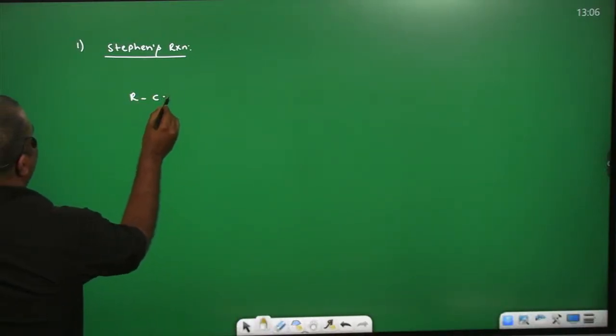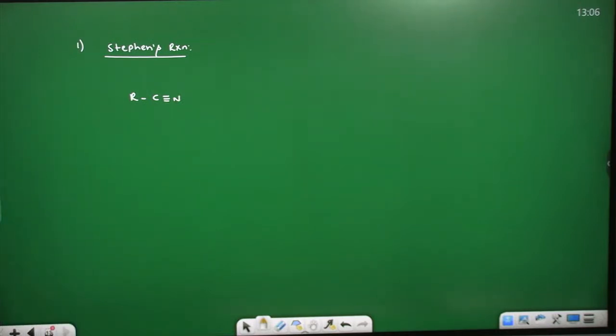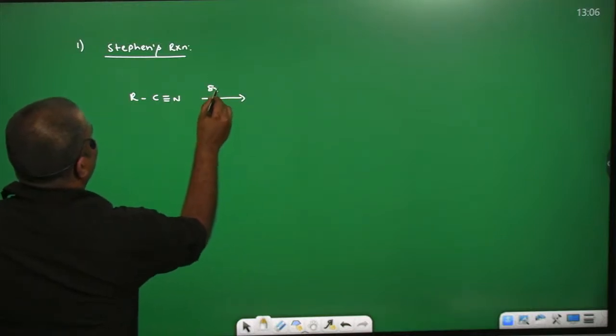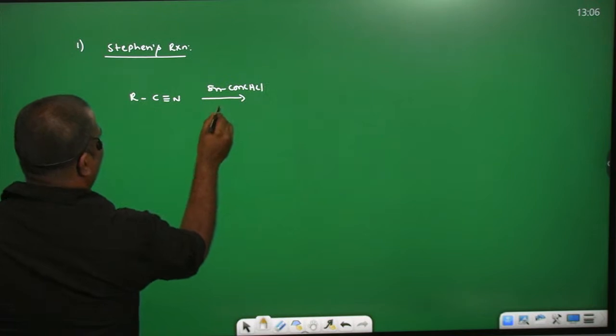RC triple bond N is reduced in the presence of tin and concentrated HCl, followed by hydrolysis.